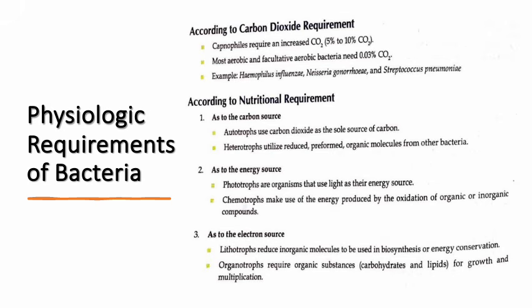So, capnophiles are those that require a greater amount of carbon dioxide for growth. Okay? So, most aerobic and facultative aerobic bacteria only need a lesser amount of carbon dioxide. So, examples of capnophilic bacteria are your Haemophilus influenzae, Neisseria gonorrhoeae, and Streptococcus pneumoniae.